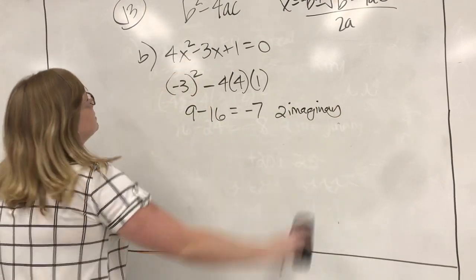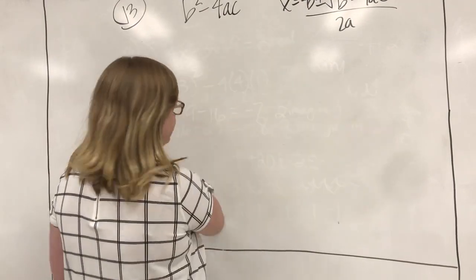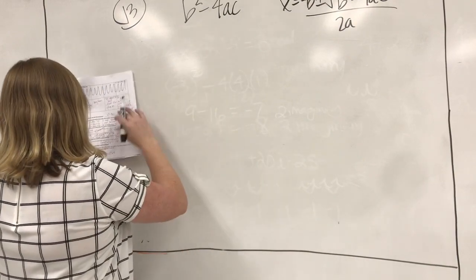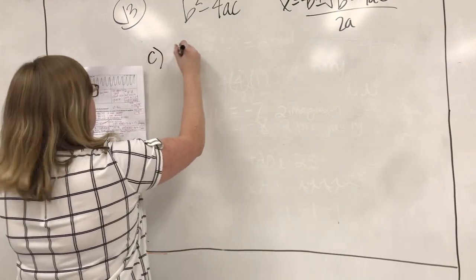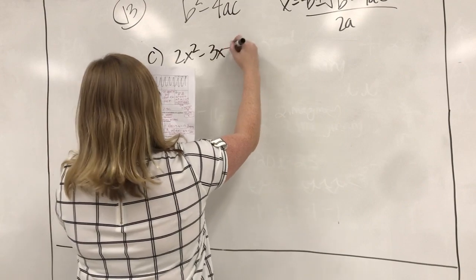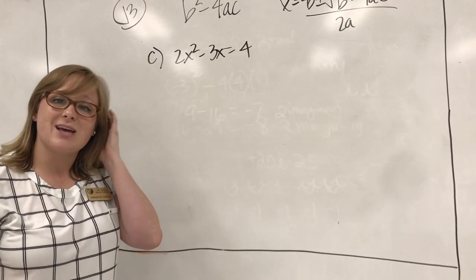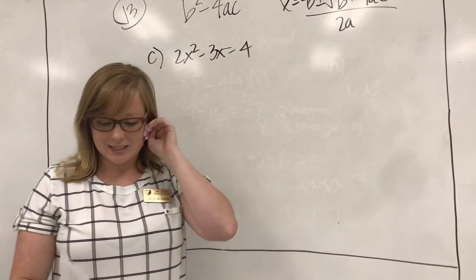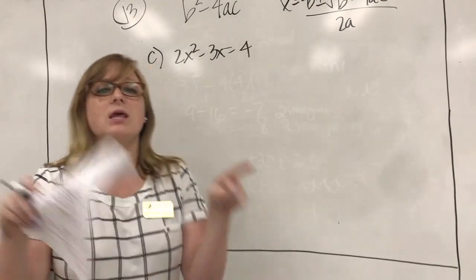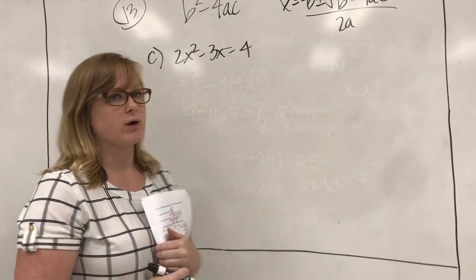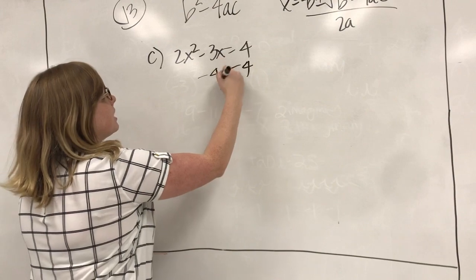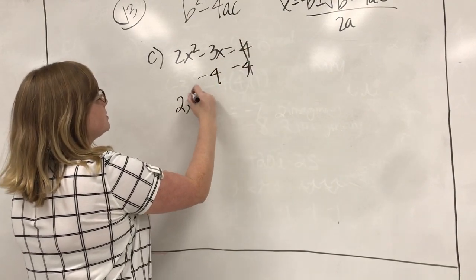All right, C. On your test, they're definitely going to have one where it's not set equal to 0 already. You have to set it equal to 0 before you do b squared minus 4ac. So I'm going to subtract 4 from both sides.